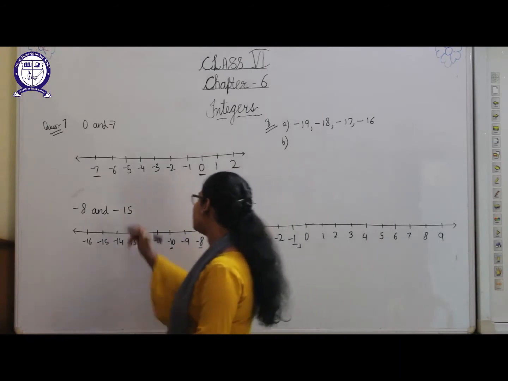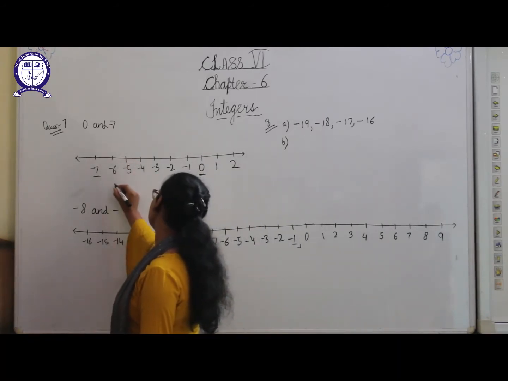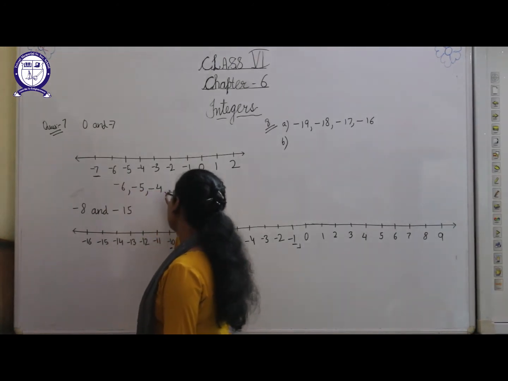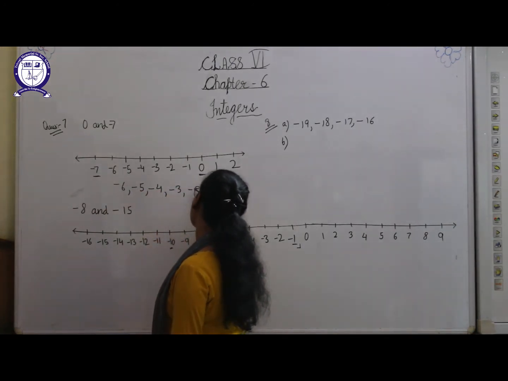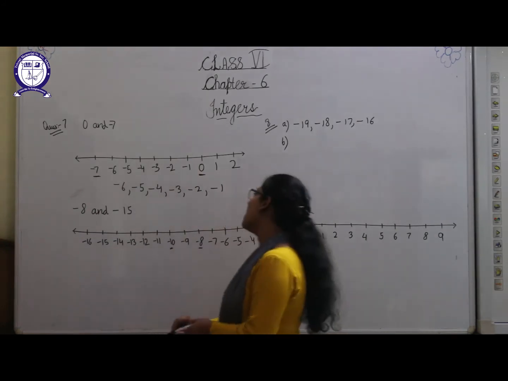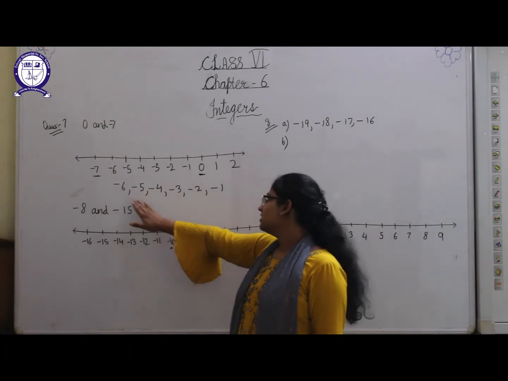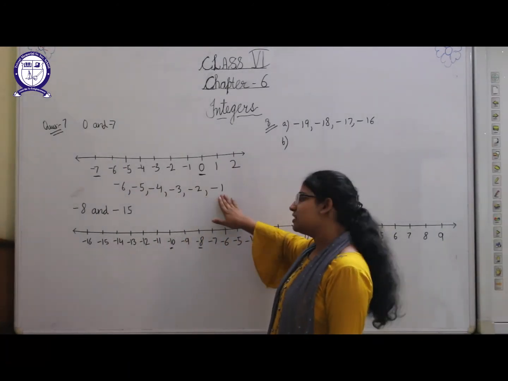So between 0 and minus 7, here are minus 6, minus 5, minus 4, minus 3, minus 2 and minus 1, and they are in increasing order, because we know that minus 6 is the smallest, then they keep on increasing.